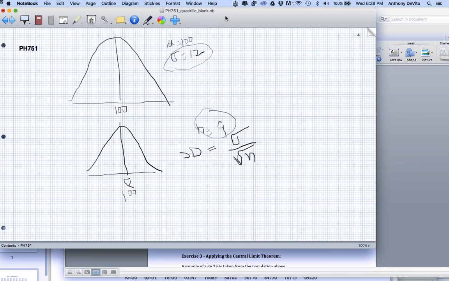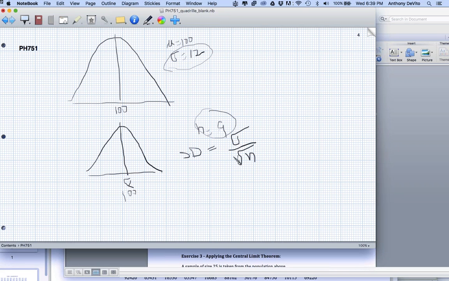When I took samples of size 9, and I took the standard deviation of the 8 values that we have, it turned out to be 4. Theoretically, it should have been 9 divided by the square root of 9, which is 9 divided by 3. We were pretty close, right? So that's the nature of sampling.